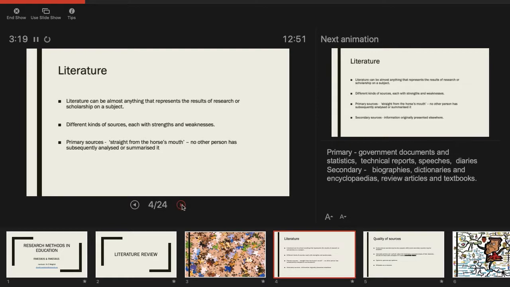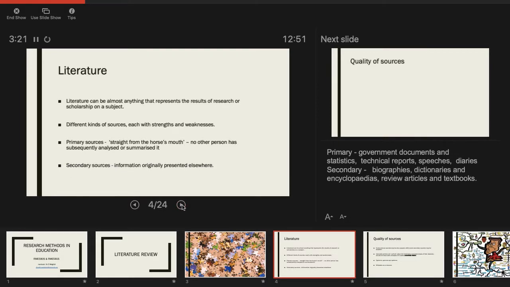And then we're looking at secondary sources, and this is information that is originally presented elsewhere. And when we're looking at these two sources, it's quite important for you to determine which sources you will use with regards to developing your literature review.